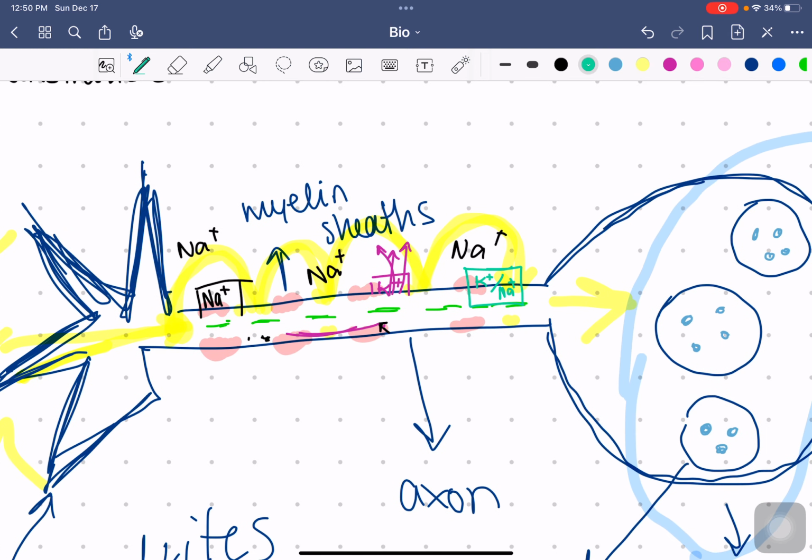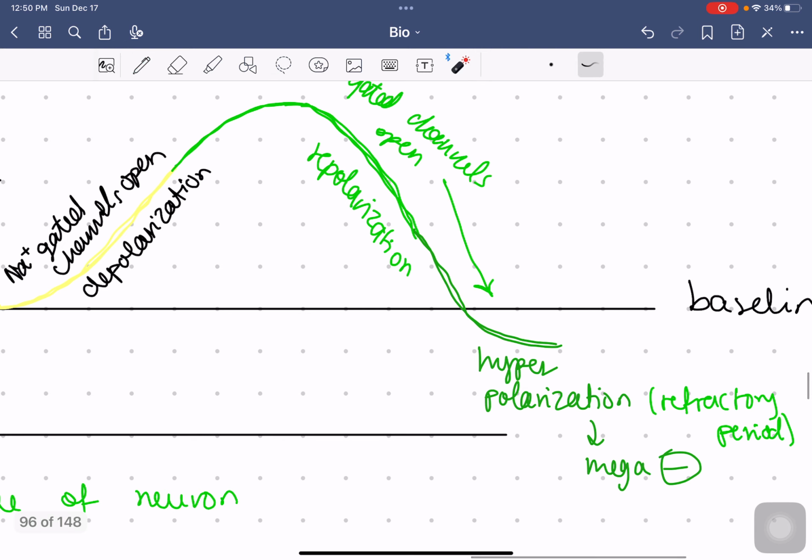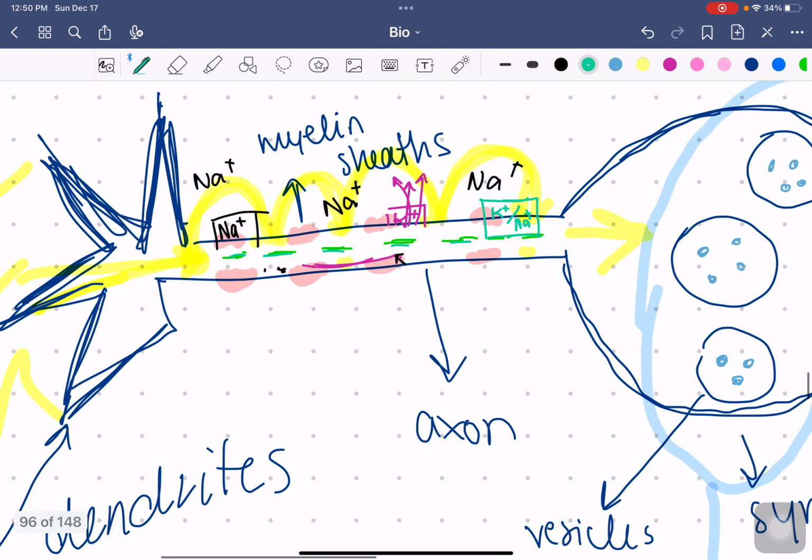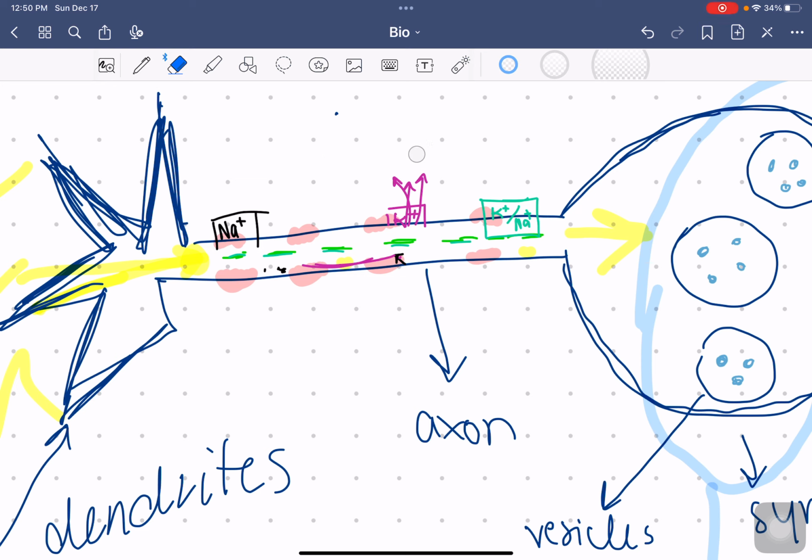As we said, the inside of the neuron is going to be super less positive because we're way below baseline over here. So we have the wrong distribution of ions. Now all our K pluses are outside. When we had that phase, all of these left. Let's clear this up again and make it a bit more clean.